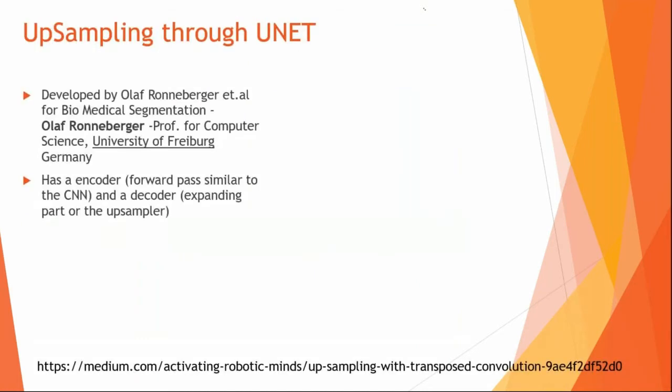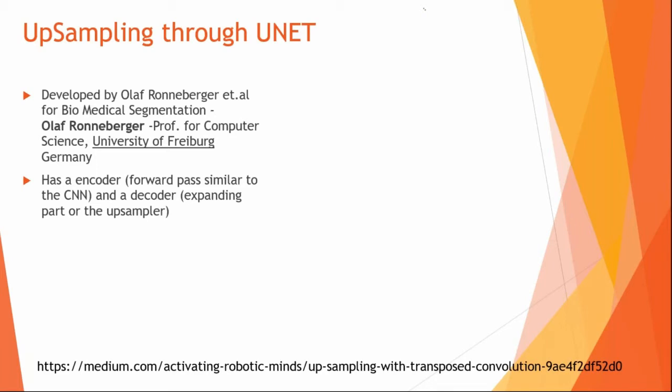Okay. So I told you the problem of a CNN architecture. Then people started applying different upsampling techniques, and I told you upsampling is one of the main requirements for segmentation. There are various ways to upsample. You can use traditional interpolation techniques like bilinear or bicubic interpolation, or transpose convolution.